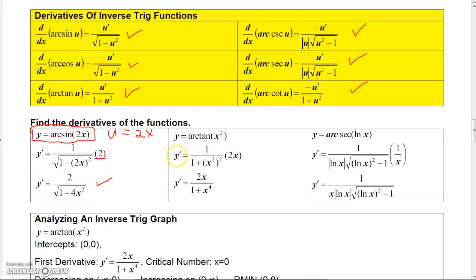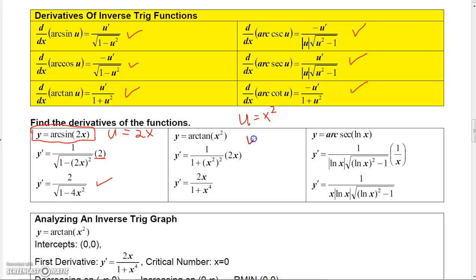Now, here's one for finding the derivative of arctan of u. Here u would be x squared, and u prime would be 2x.